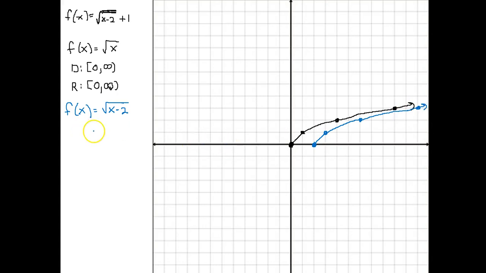Okay, so notice the domain has changed. The domain is now 2 to infinity. The range has not changed though. Shifting left or right can't affect the range. We shifted to the right, so now the graph starts at an x value of 2 and then shoots off to positive infinity. But the range is still, the lowest y value is 0. The range was not affected there.